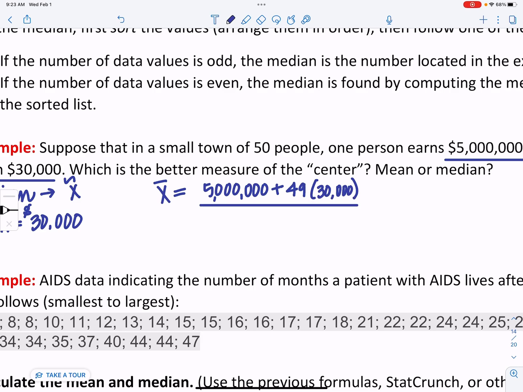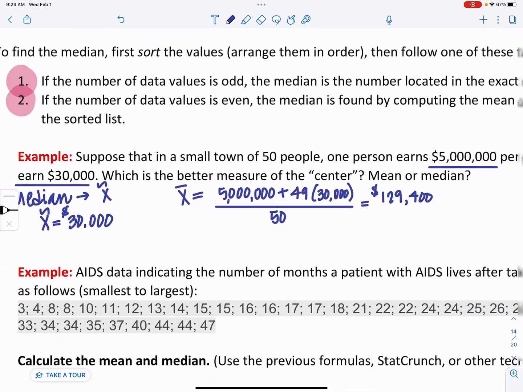So I add up all of the things and then I divide by the number of things. So I'm going to divide by 50. That results in an average value or an average salary of $129,400.